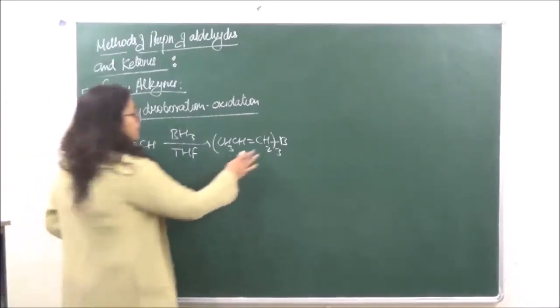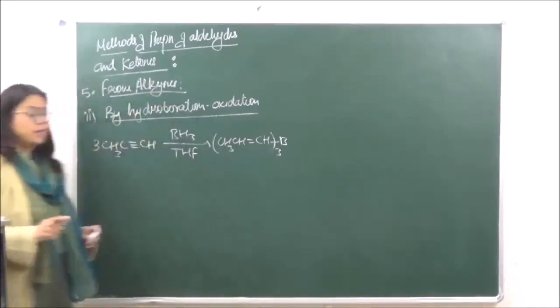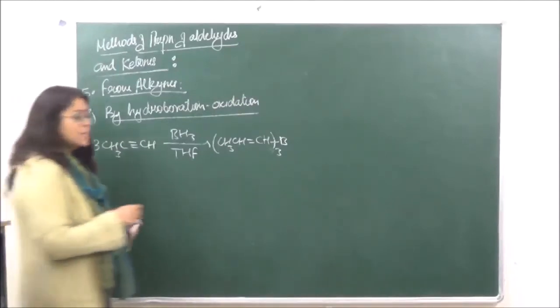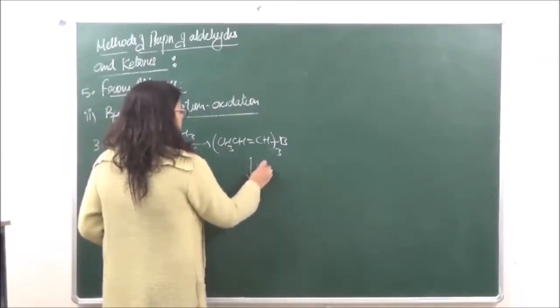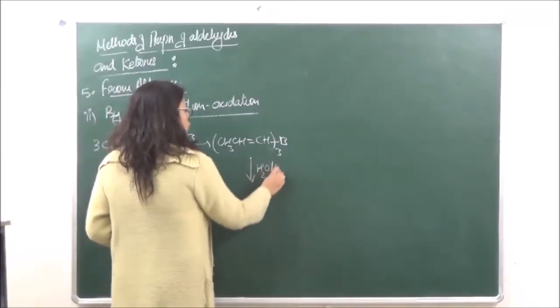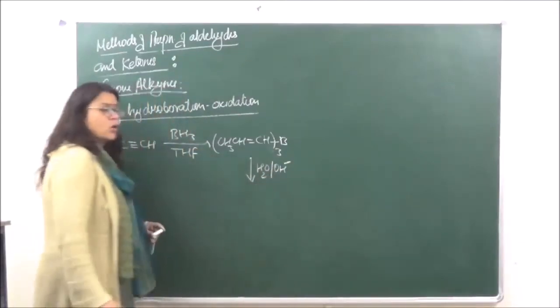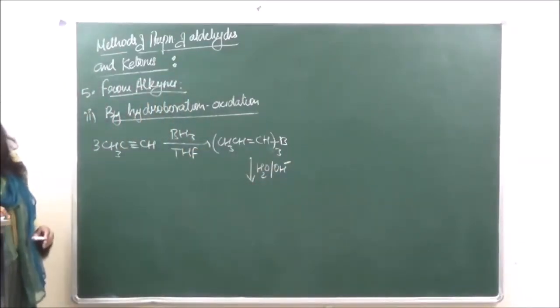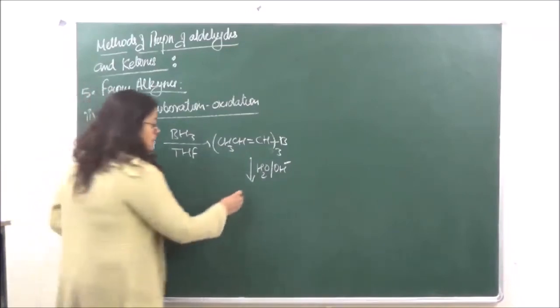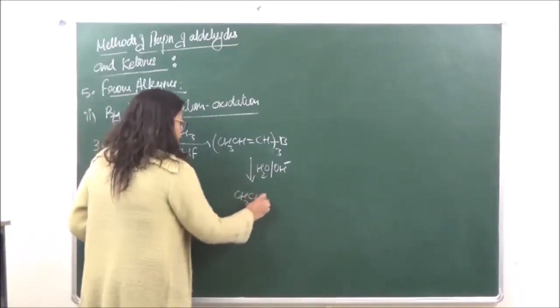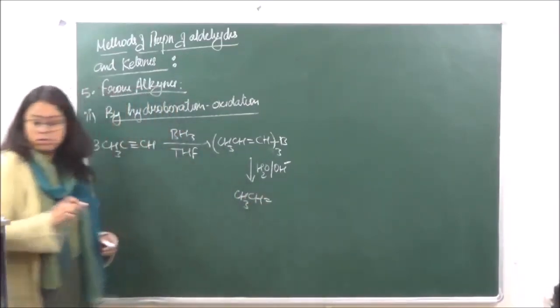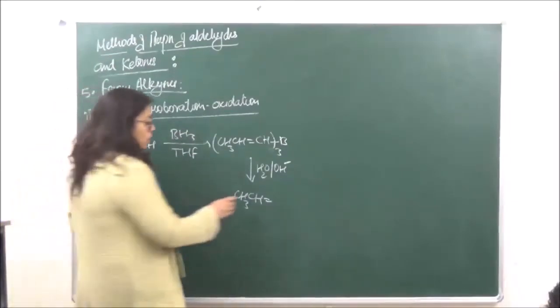Okay, there's going to be CH. Now we are going to hydrolyze it in presence of a base, OH negative, and this is going to give us enol.